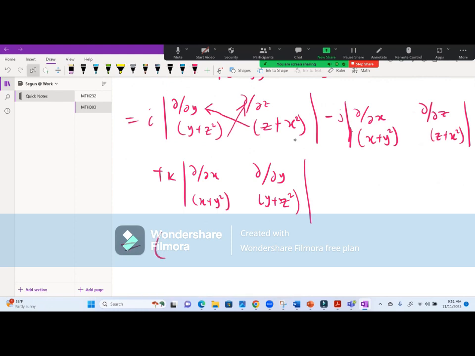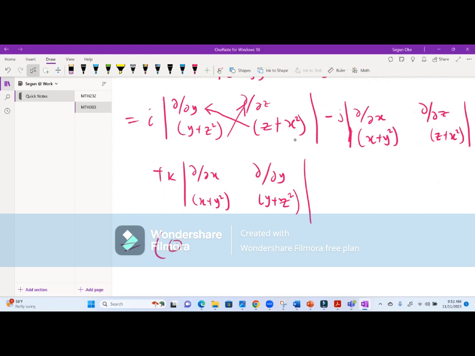So let's look at i. For i now, we have d/dy for this. There's no y here, so everything here turns to 0. Minus what we have here, 2z. Minus 2z. Thank you. So the next one will be minus j. If you do the x, you have 2x. If you do the z, minus 0. That is 2x. Yes. Thank you.